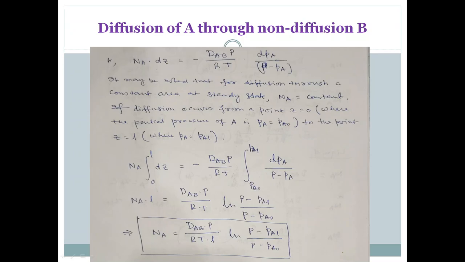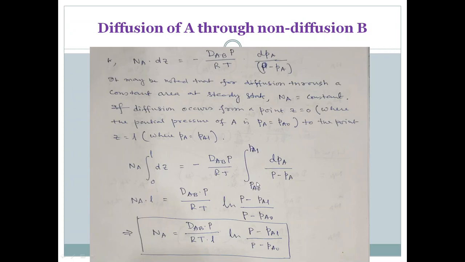Now what is the flux between 2 points? Let's take at Z equal to 0 the partial pressure of A as PA0, and at Z equal to L, after a certain distance, the partial pressure is PAL. Now I will integrate this.